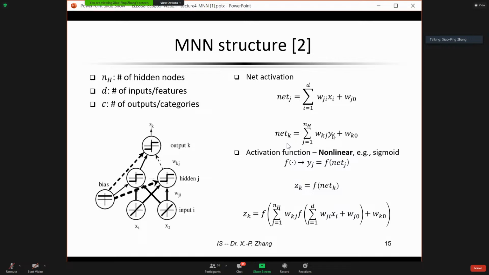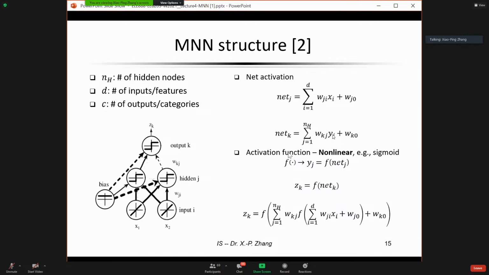This is the output layer. For the output layer, the linear output is this, right? It's a linear combination of its input. Its input is the output of hidden layers. That's Y, right? And the output, so this is the key, okay? In the neural network, the key is this activation function, right?